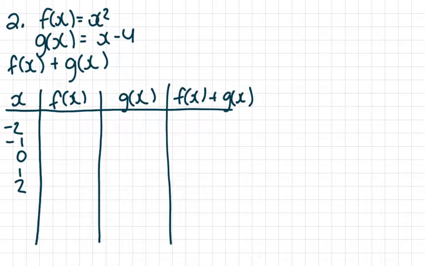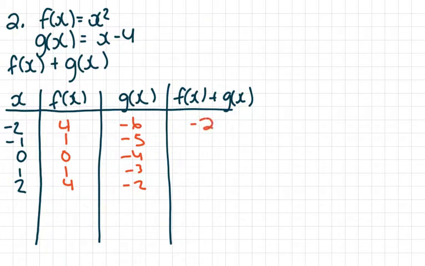So f of x, I just need to plug in -2, so -2 squared is 4, 1, 0, 1, 4. G of x, -2 minus 4 is -6, -5, -4, -3, -2. And then f of x plus g of x, I'll just add those two columns together. So 4 minus 6 is -2, 1 minus 5 is -4, 0 minus 4 is -4, 1 minus 3 is -2, and 4 minus 2 is... sorry, +2.